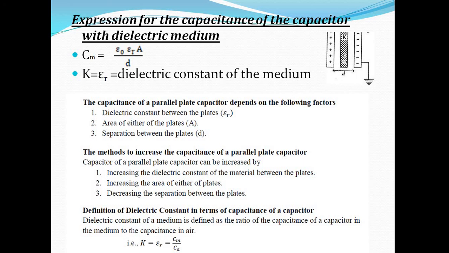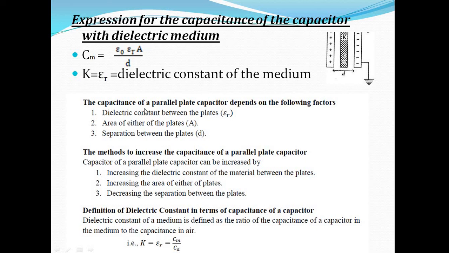So this is the expression for capacitance of the capacitor with dielectric medium. Come to this expression, K equals Cm by Ca, where Ca is the capacitance of the capacitor without dielectric medium.